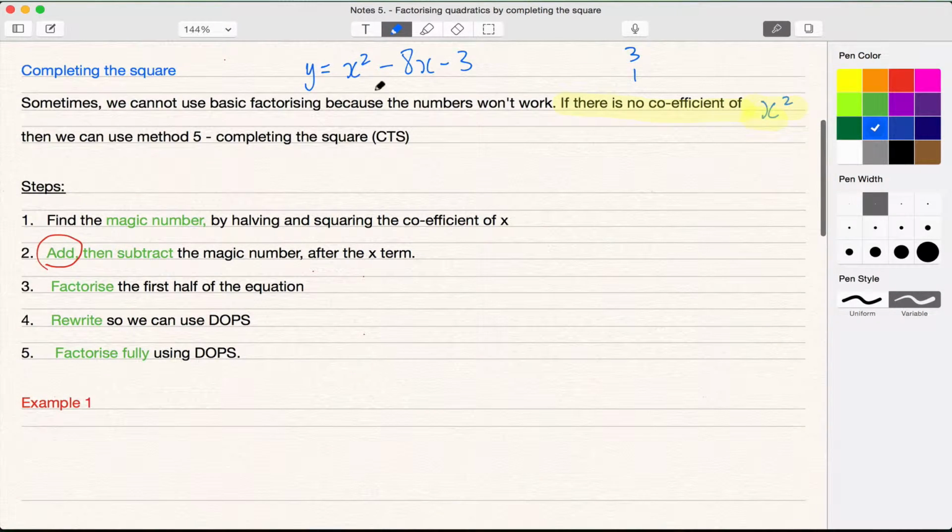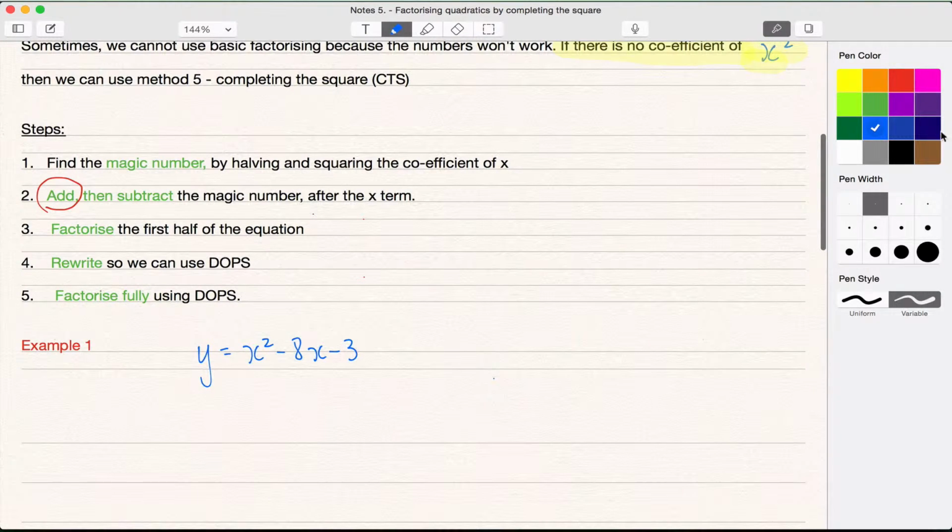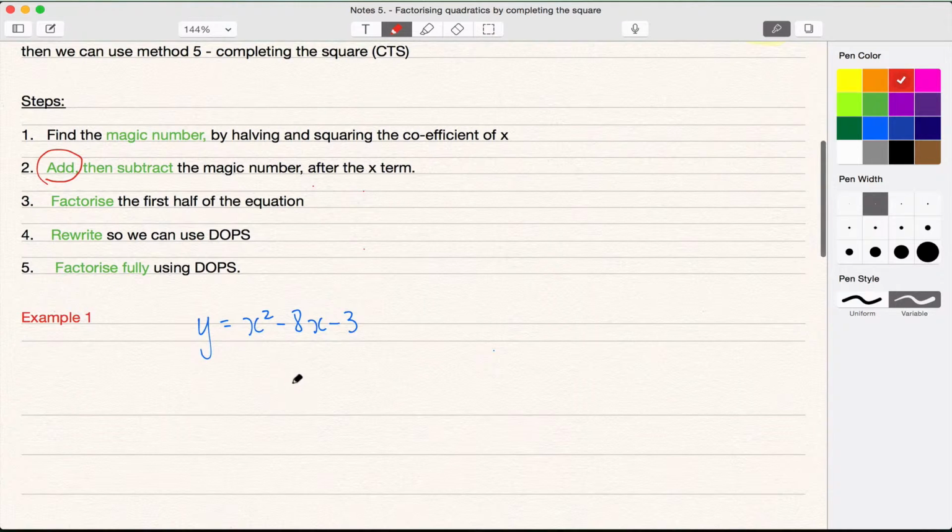Okay, let's put our example down. I'm going to use this one that I wrote up here. Y equals x squared minus 8x minus 3. Okay, I'm going to number each one of the steps so you can see what we're doing at each step.